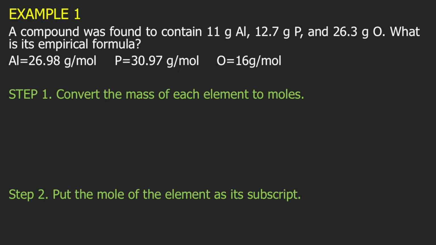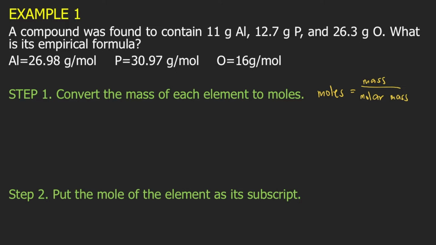So we have the atomic mass of aluminum, phosphorus, and oxygen. So step 1 is to convert the mass of each element into moles. As we all know, if you want to solve for the moles, that is equal to mass divided by the molar mass.